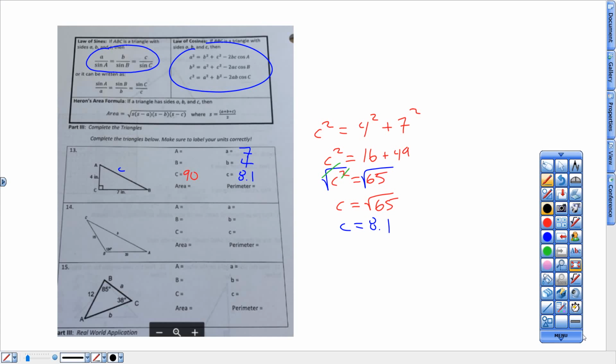So if I'm finding angle B, I have a 4 and I have a missing piece. So if I'm coming in from this angle right here, what formula forces me to use a 4 opposite and a hypotenuse?